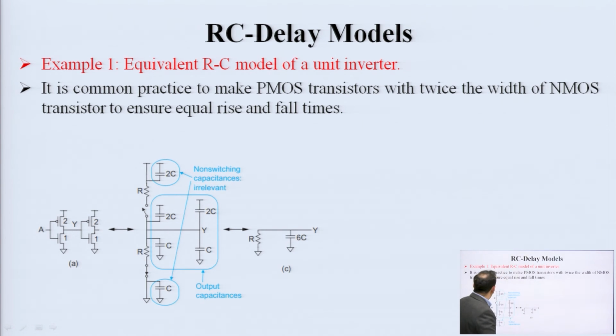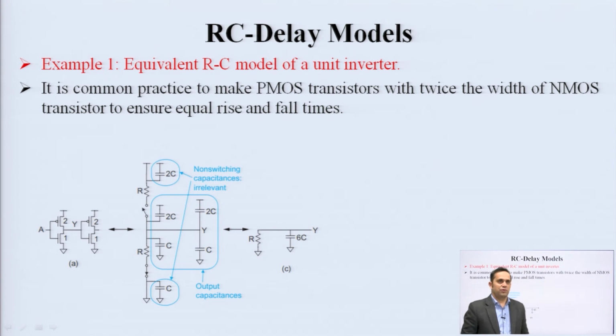The first thing, we write a number 2 in front of PMOS, which basically says that the capacitance is twice that of a unit transistor and the resistance is the same as that of a unit NMOS transistor.